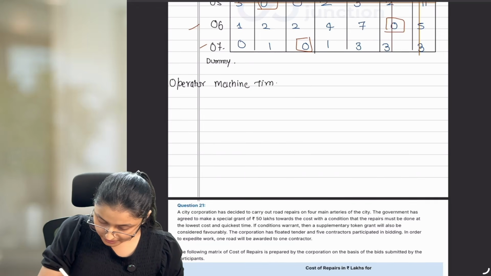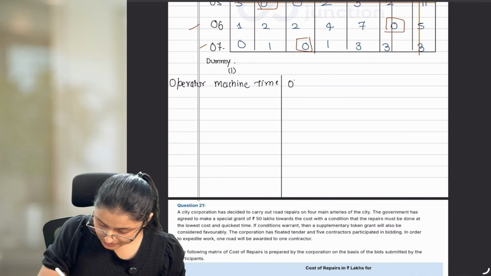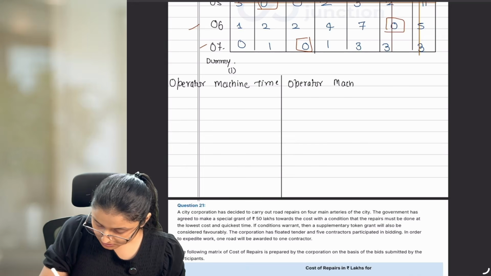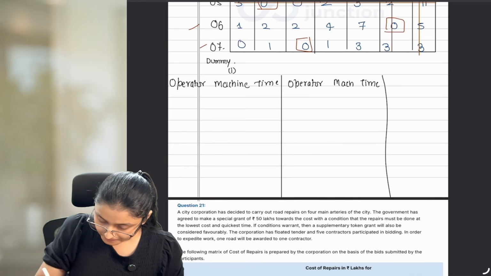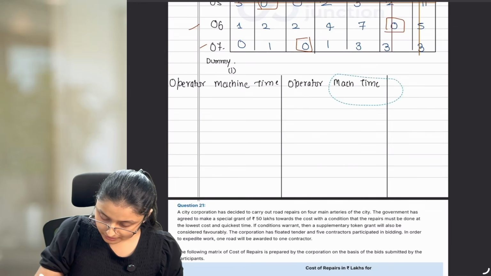For the first alternative, then the same thing for second alternative, operator, machine and time. And then we'll show the same thing for the third alternative.